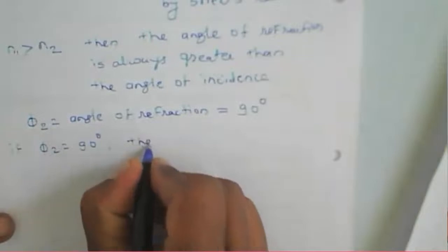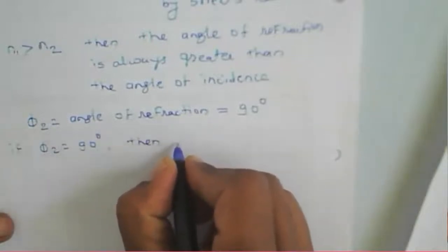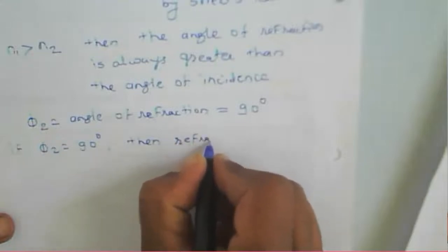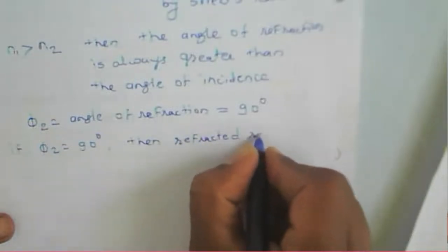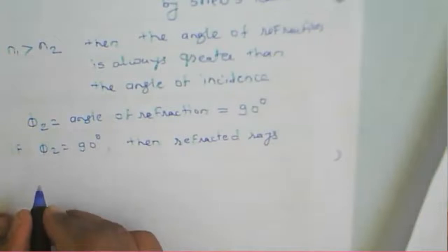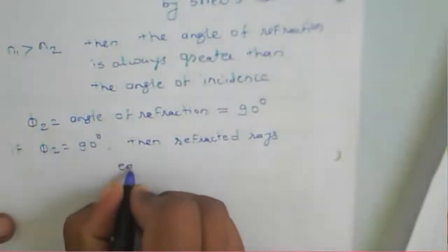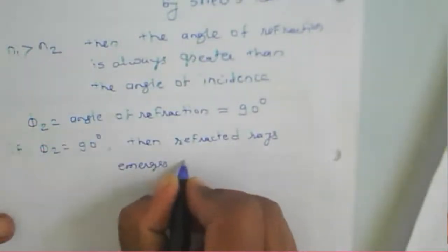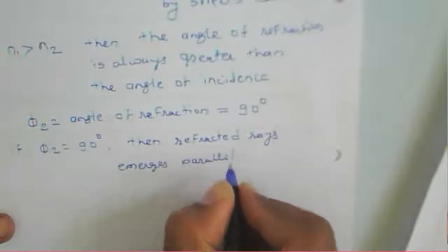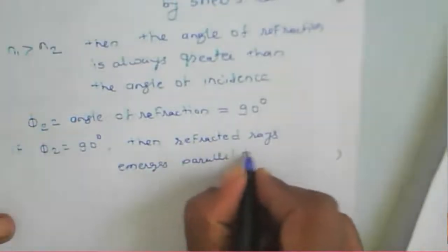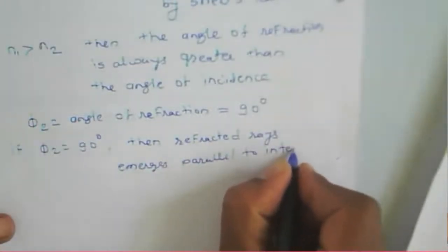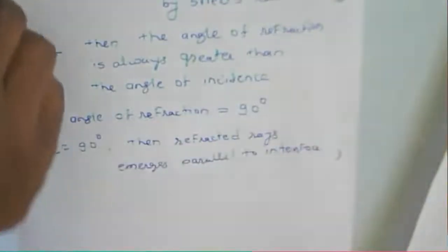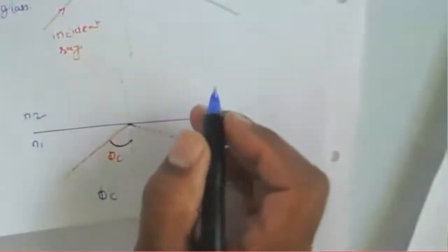If phi 2 is equal to 90 degrees, what happens? Then the refracted ray emerges parallel to the interface.